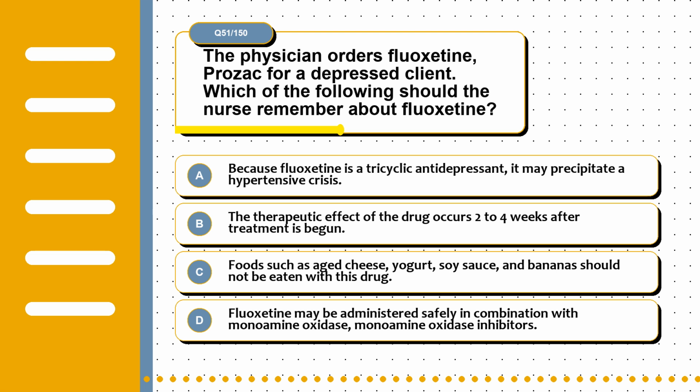Option B. The therapeutic effect of the drug occurs 2 to 4 weeks after treatment is begun. Option C. Foods such as aged cheese, yogurt, soy sauce, and bananas should not be eaten with this drug. Option D. Fluoxetine may be administered safely in combination with monoamine oxidase inhibitors.